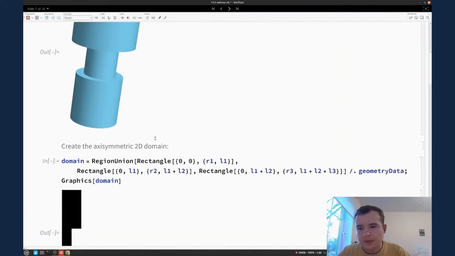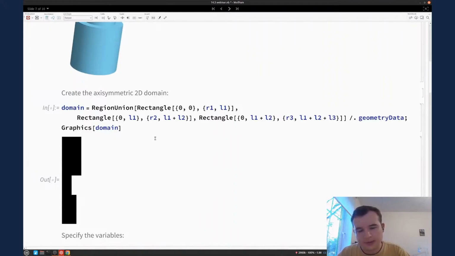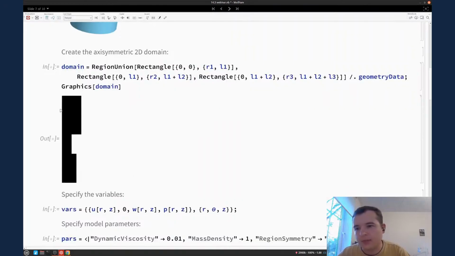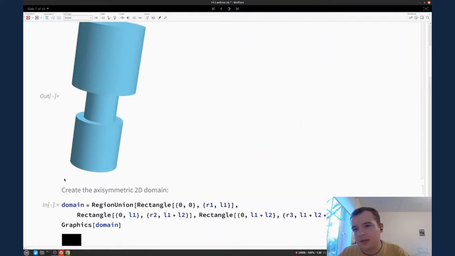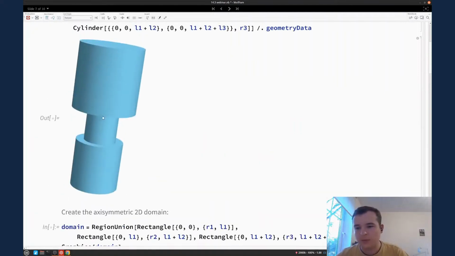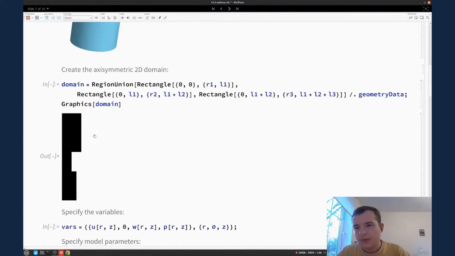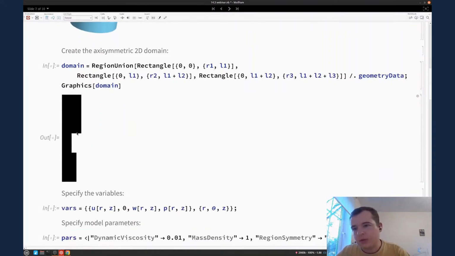So the first thing we do is that we create the axisymmetric 2D domain. So this is this kind of domain, and if we would rotate this domain around this axis of symmetry, which is this edge, then we would obtain this full 3D domain. So this axisymmetric 2D domain is the one we are going to work with.